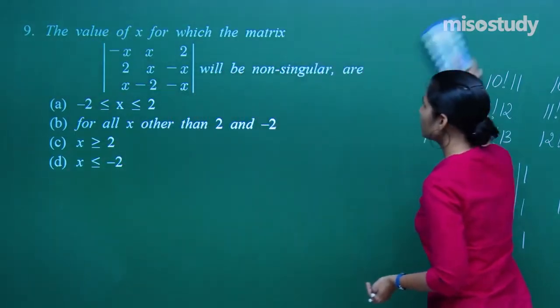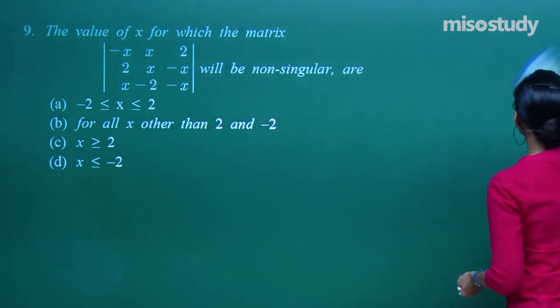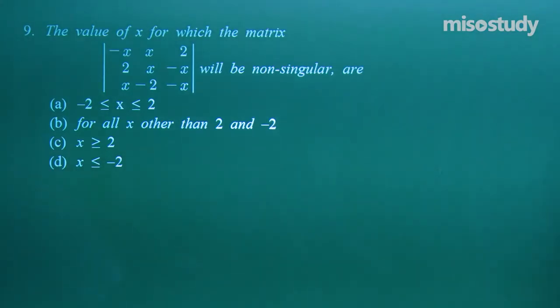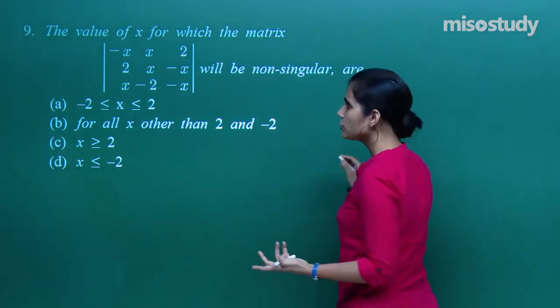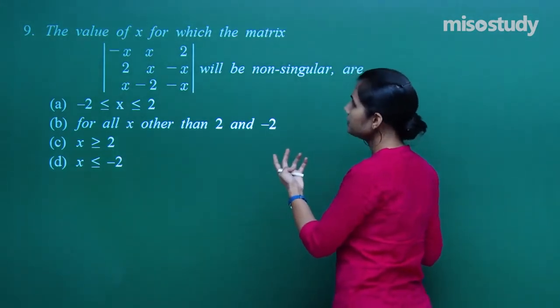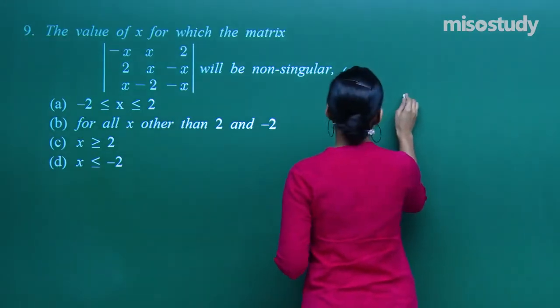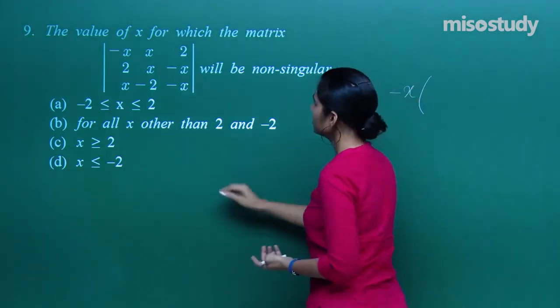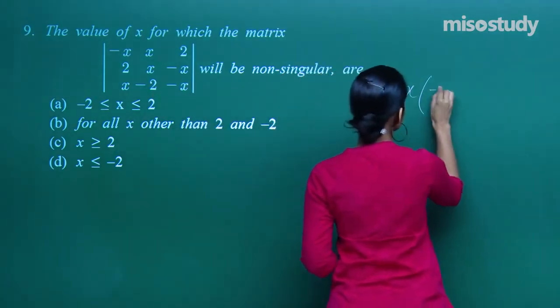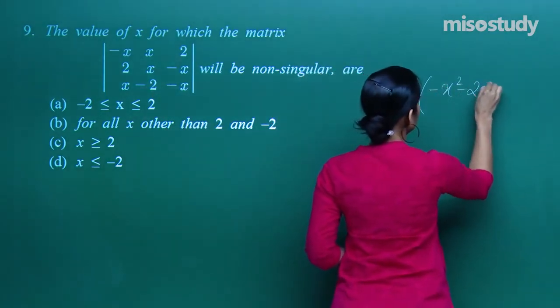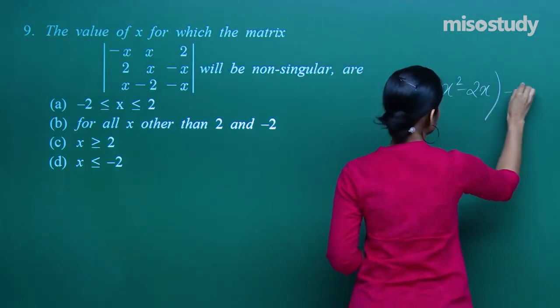The value of x for which this matrix will be non-singular. So it's already given that this matrix is non-singular. So what is the determinant of this? Its determinant is not equal to 0. What is that x for which it will be not equal to 0? So it is minus x square minus 2x minus x.